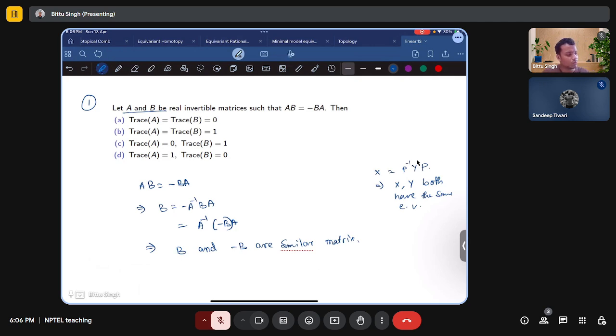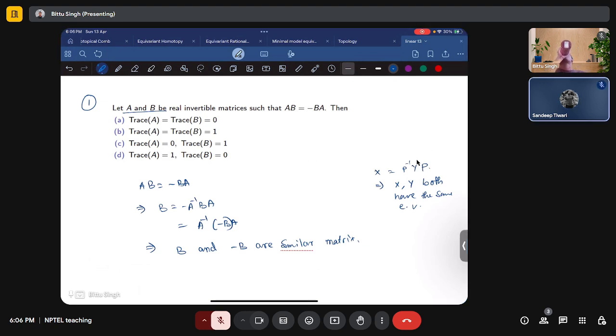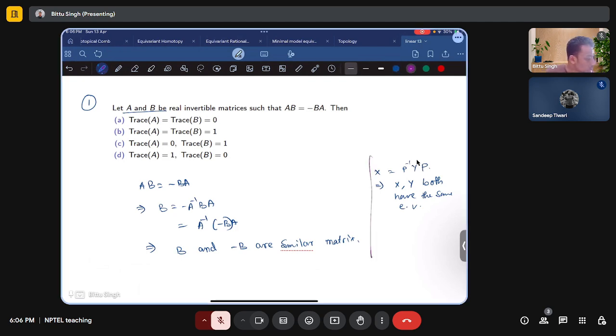We can easily check that they have the same eigenvalues. Let me verify that fact. Suppose X has some eigenvalue lambda, that means X times some v is the same as lambda v for some non-zero v.